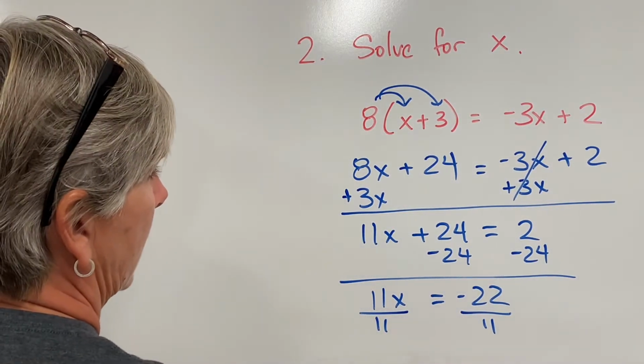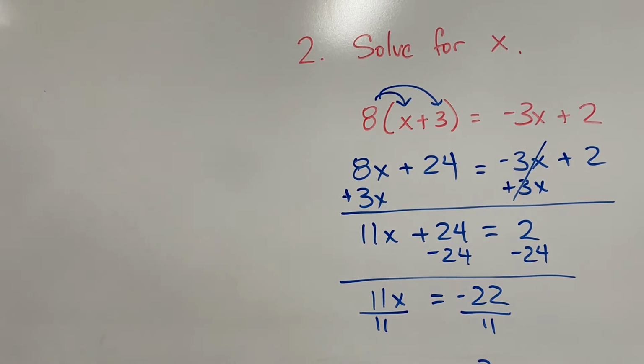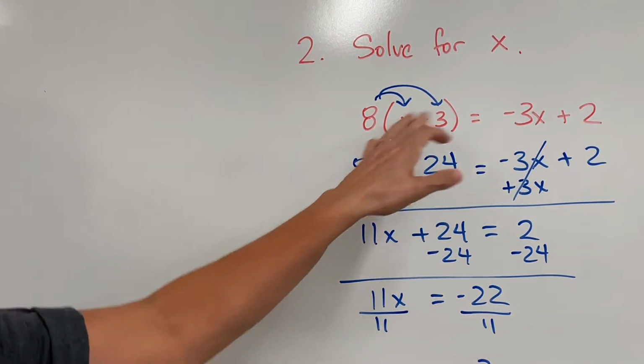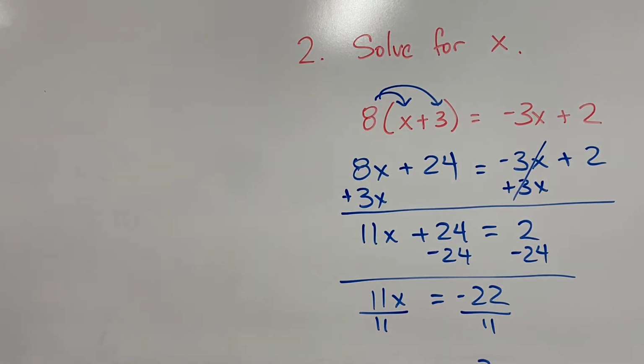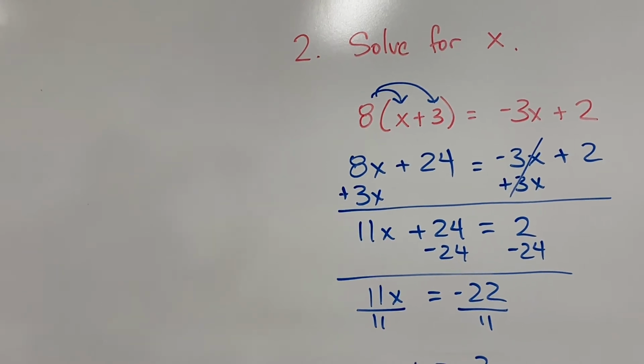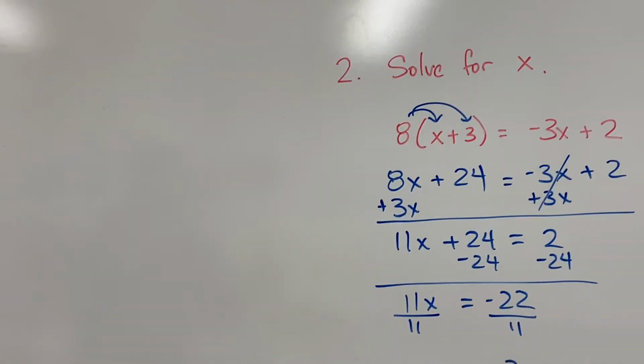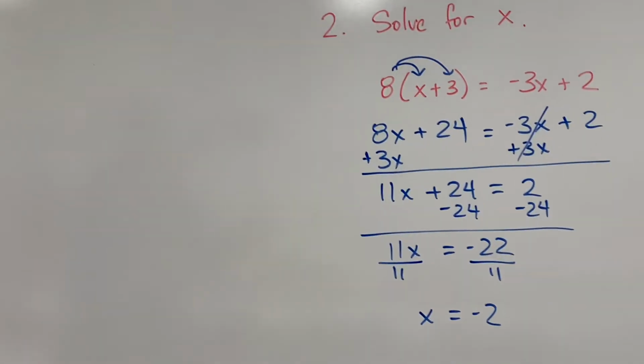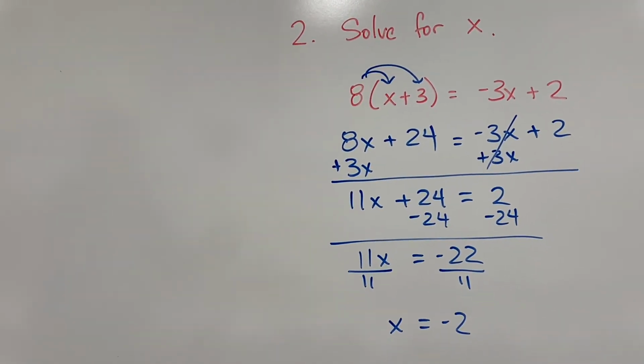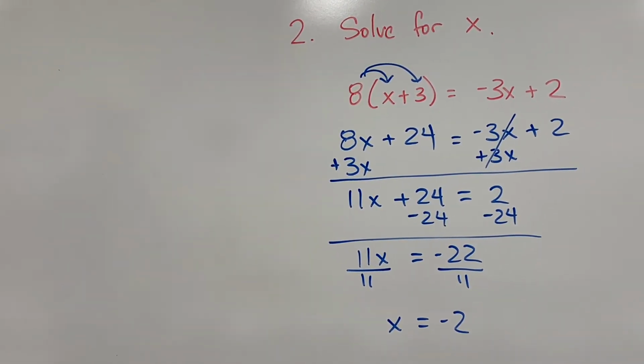So I get x equals negative 2. Of course, if I was taking a test, I would plug negative 2 in for x to double check that I got the right answer. Oh, sorry, you couldn't see that negative 2 there is an answer. There it is. So I'll let that sit for a second.